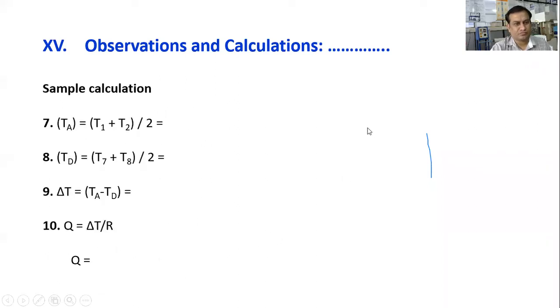Then the calculations for the average temperatures for the different readings can be calculated with the help of this formula, that is TA. So TA is nothing but the average of T1 and T2 temperatures.